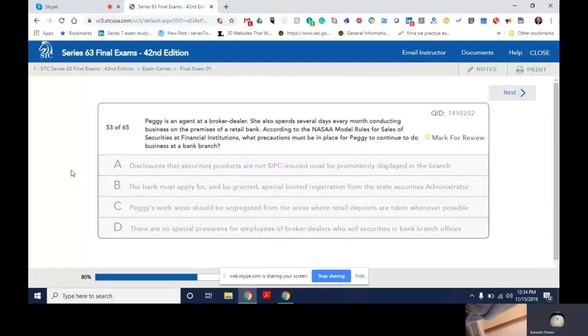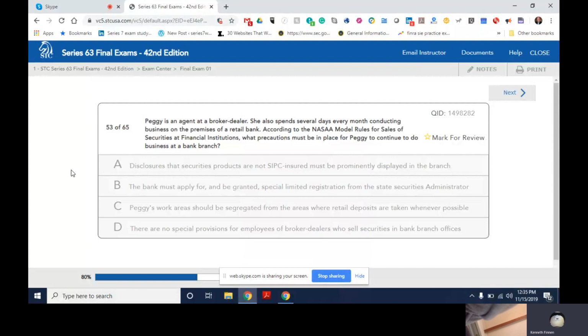Peggy is an agent at a BD. She also spends several days every month conducting business on the premises of a retail bank. According to NASAA model rules for sale of securities at financial institutions, what precautions must Peggy have in place to continue business at the branch? D, there are no special provisions, that's not true. When you put a broker-dealer in a bank, you have to do certain things.